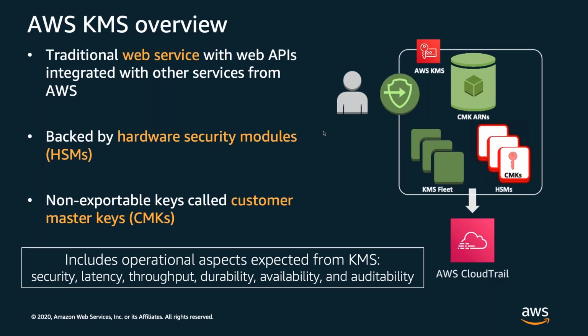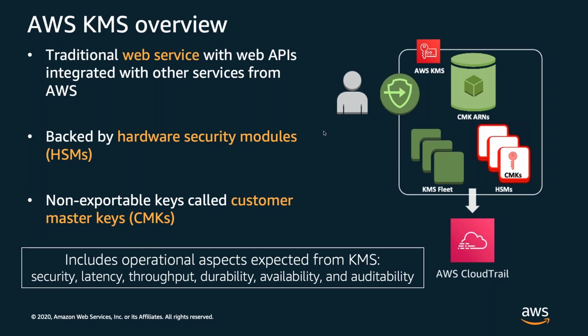AWS KMS is a secure and resilient service that uses hardware security modules that have been validated under FIPS 140-2 or are in the process of being validated to protect your keys. AWS KMS is integrated with AWS CloudTrail, as we just saw, to provide you with logs of all key usage to help meet your regulatory and compliance needs.